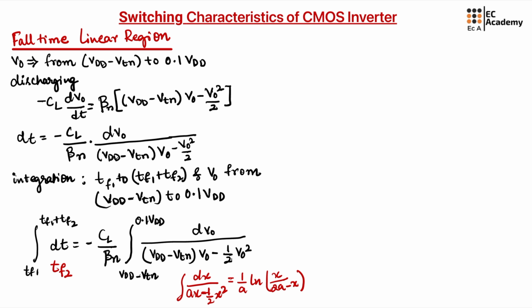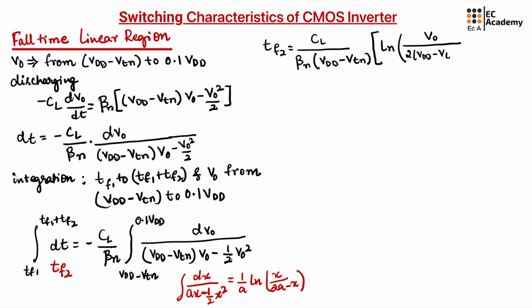Therefore, we can write the above equation as TF2 equal to CL divided by beta n into (VDD minus VTN) multiplied with ln of V0 divided by (2 (VDD minus VTN) minus V0) between the limits VDD minus VTN to 0.1 VDD.